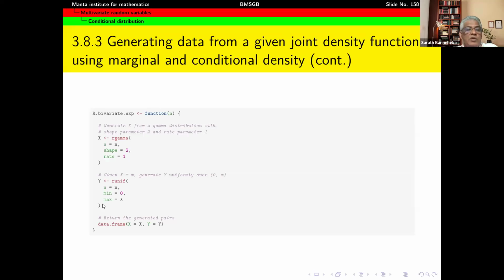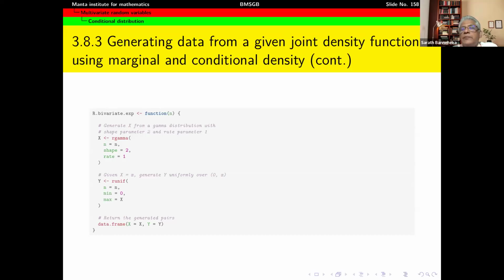Thereby I'll have n y values. That will give me the pairs of observations. So I combine them as a data frame, x and y, and we can get that out of this function. I call it rbivariate exp, right? Those are the commands, the code that is required.